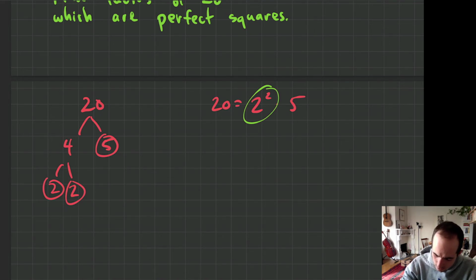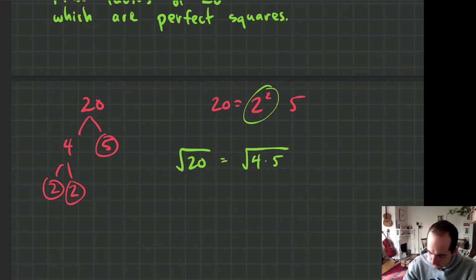So what I can do is say that the square root of 20 is equal to the square root of 4 times 5. And the nice thing about square roots is that if you have some multiplying inside, it's going to look like this. We'll have the square root of 4 times the square root of 5.